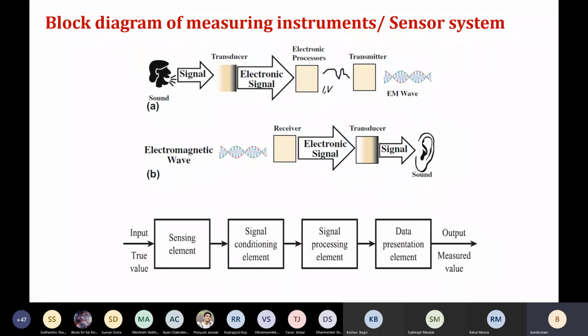So we essentially require some microphone speaker system, because if you say something from the stage, that sound cannot reach every person in the auditorium. In that case, you need a microphone, which will act as a transducer. What is the meaning of transducer? Basically, a transducer converts one form of signal into another form of signal.